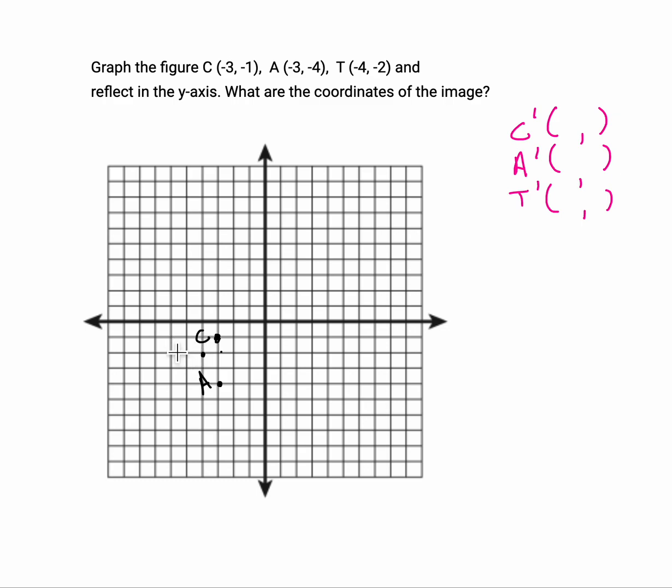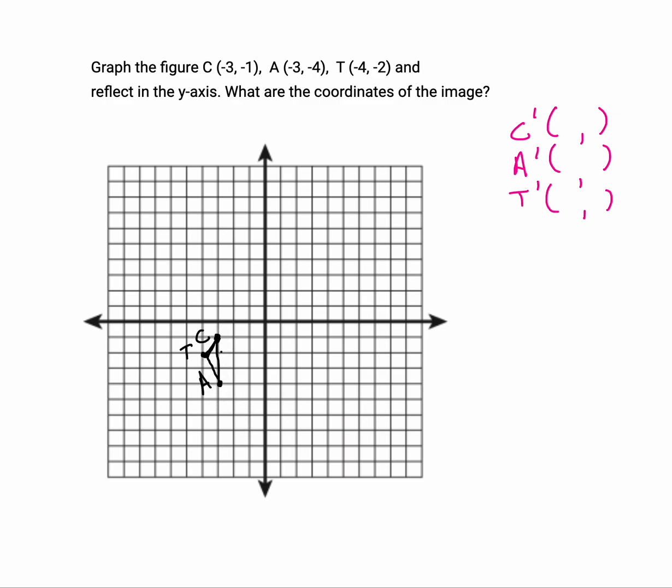Oh yeah, it's right there. So that's CAT. It was a little tricky, but I had to recount. I thought it was going to be over here, but it wasn't. I was thinking -2, -4, but it's -4 first, which is the x, and then -2. So we've got our triangle.